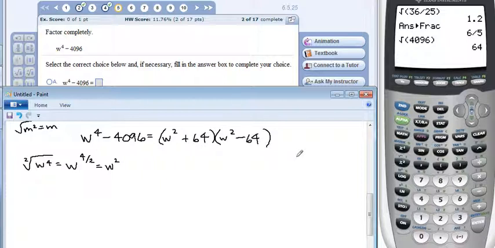Now some of you might think we're done because we did what we're supposed to do, right? But this is not finished. It says factor completely in the directions, okay? So whenever you form new pieces, you have to look to see whether or not you formed something that can be further factored. Now this one here can't be. We have a perfect square and a perfect square with two terms, but do I have an addition between them?